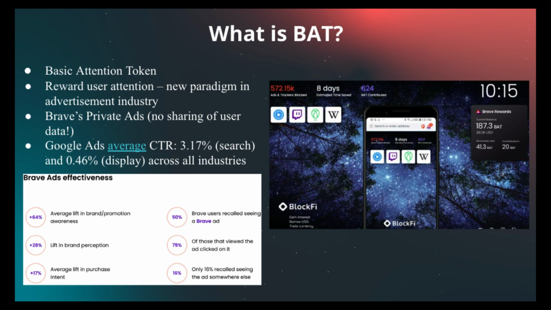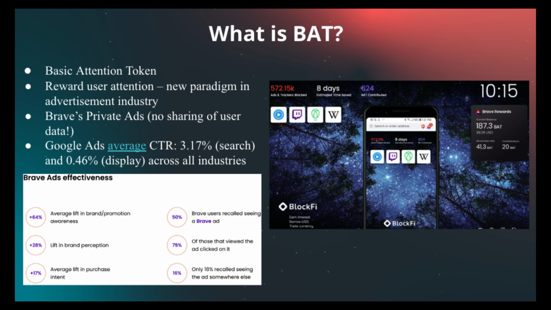it's a pretty low CTR. In comparison, Brave says they have an average of something like 9% on the search results, which is not in this table. So it's much higher than the Web2 industry standards.